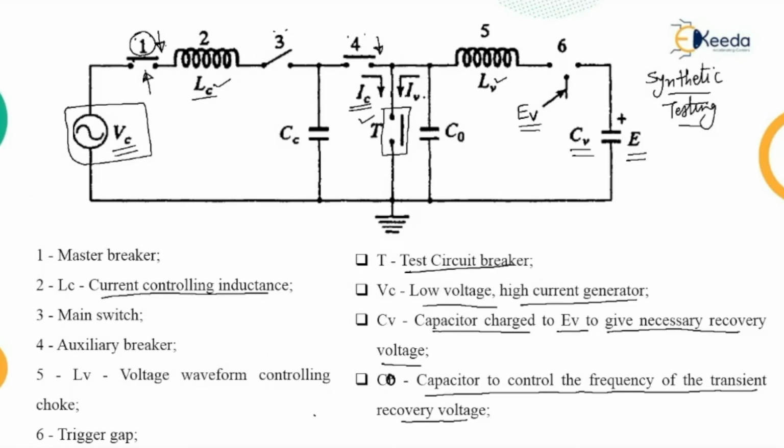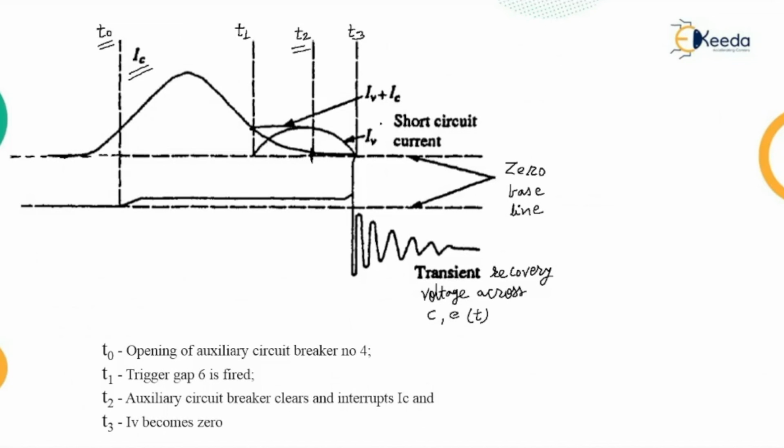So we get only one current, which is from CV, that is IV, which has the required rate of change of current at its zero flowing in the test circuit breaker. So at point T2 we have only one current passing through the test circuit breaker, that is IV.